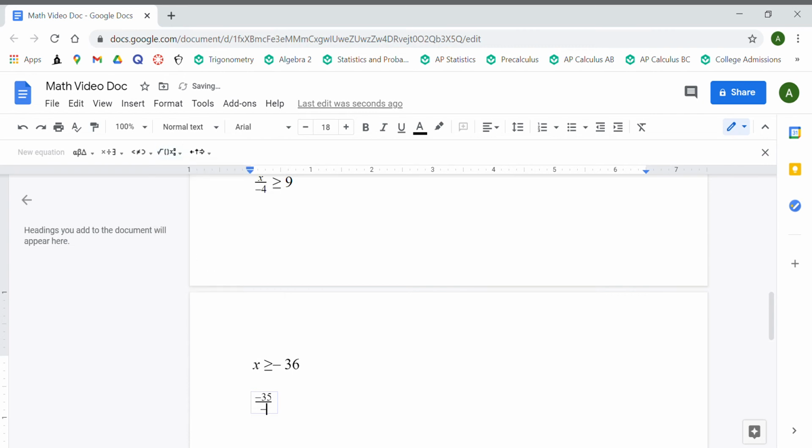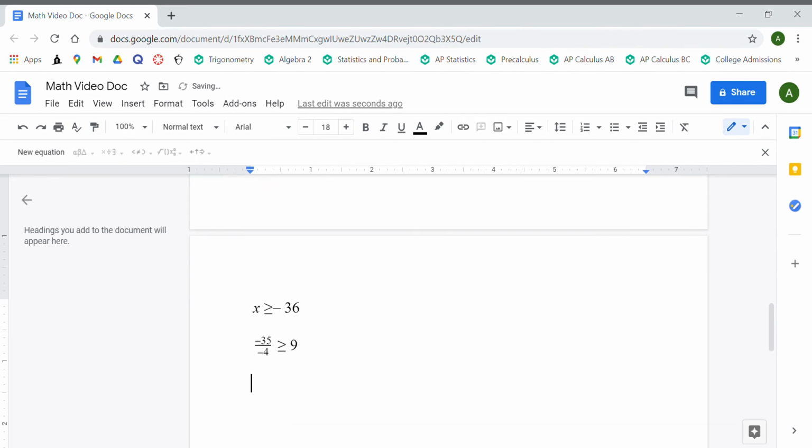So negative 35 divided by negative 4, is it greater than or equal to 9? Oh no, I'm afraid not. This actually simplifies to 8.75. That's not greater than 9, is it?